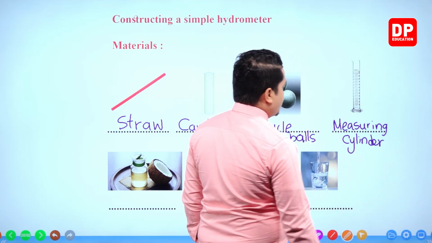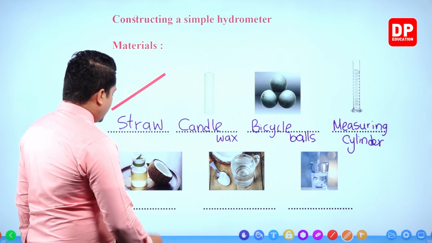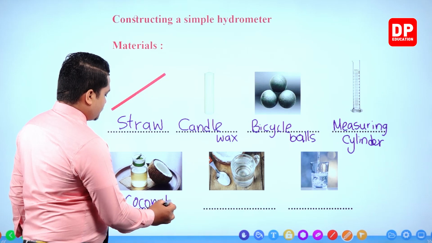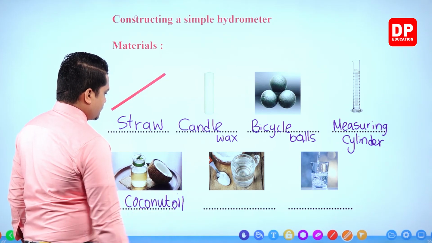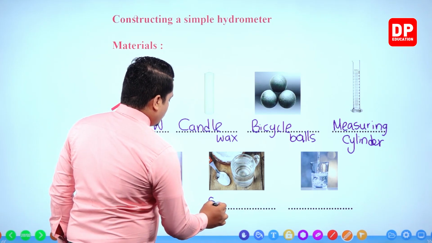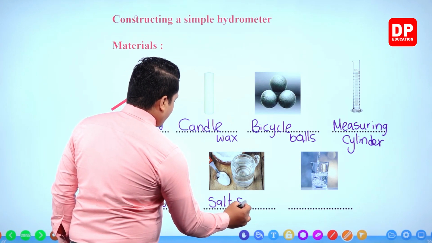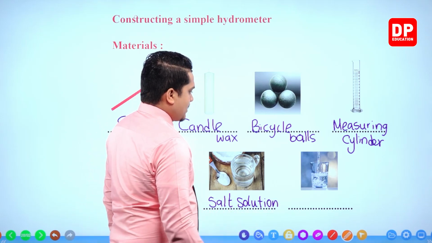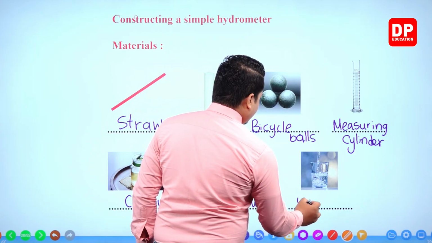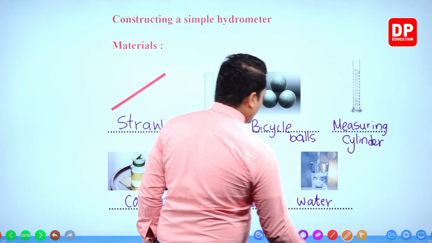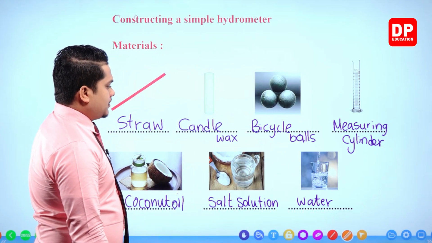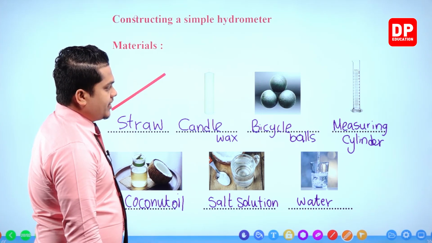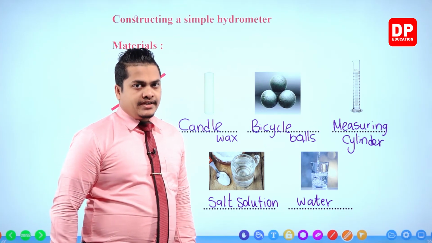Then the three liquids: coconut oil, salt solution, and normal water. So these are the materials that you need, my dear children. So let's head on to observe how to conduct this activity.